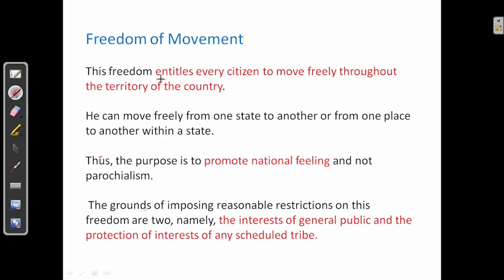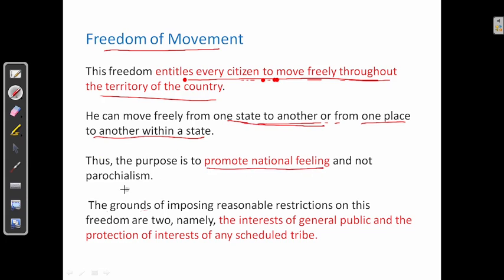Freedom of movement. This freedom entitles every citizen to move freely throughout the territory of the country. He can move freely from one state to another state or from one place to another within the state. Thus, the purpose is to promote national feeling and not parochialism. What is parochialism?